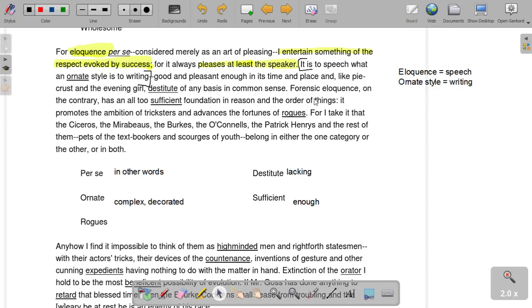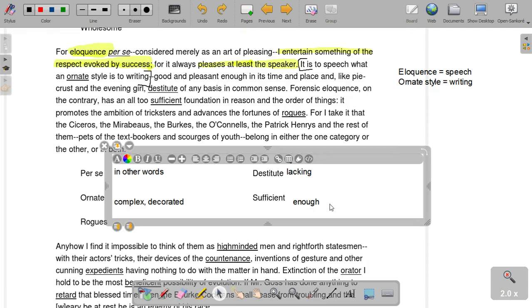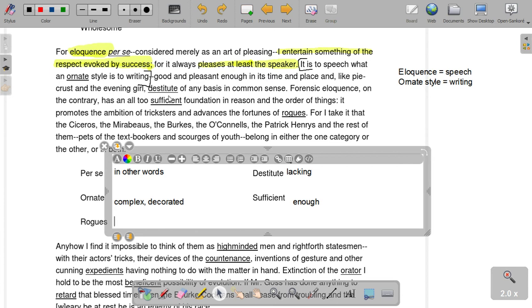And then he explains why. Because it promotes the ambition of tricksters and it advances the fortunes of rogues. For I take it that the Ciceros, the Mirabeaus, the Burkes, the O'Connells, and the Patrick Henrys, and the rest of them, pets of the textbookers and scourges of youth, belong in either the one category or the other, or in both. So he's basically saying, well, at least there's a purpose for forensic eloquence.